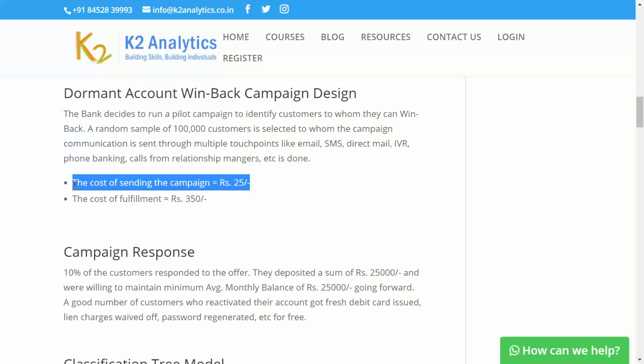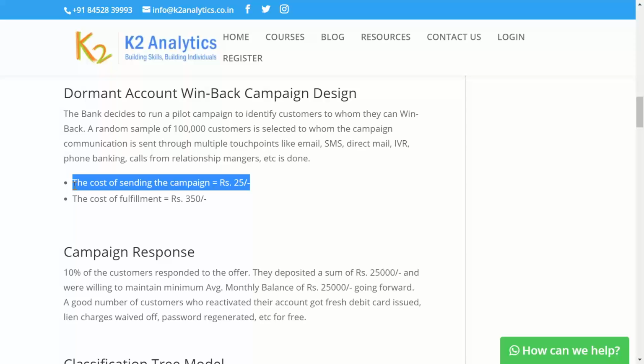An SMS being sent to you probably costs 1 paise, an email being sent to you probably 1 paise, but a direct mail courier sent to you probably 15 rupees, 20 rupees. An IVR call, 1 rupee. So this way it was found that the cost of reaching out to a customer per person will turn out to be rupees 25.